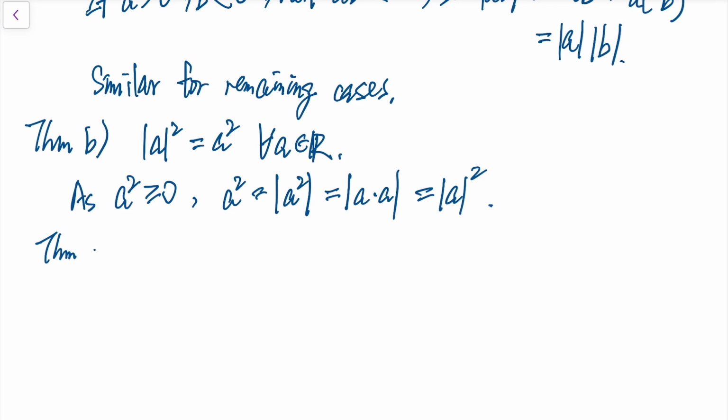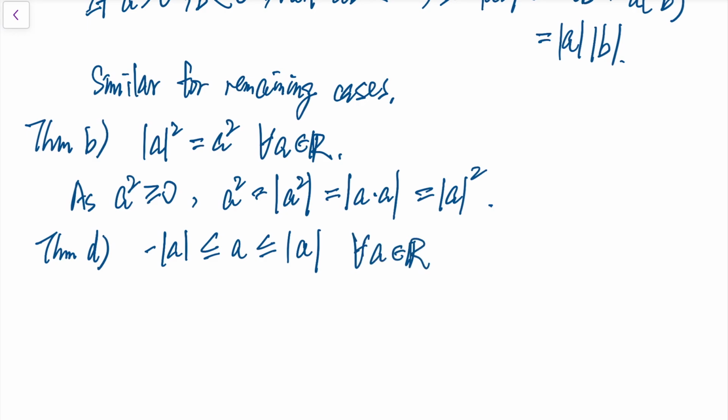Theorem D. Minus the absolute value of A is smaller than or equal to A, which is smaller than or equal to the absolute value of A, for all A a real number.